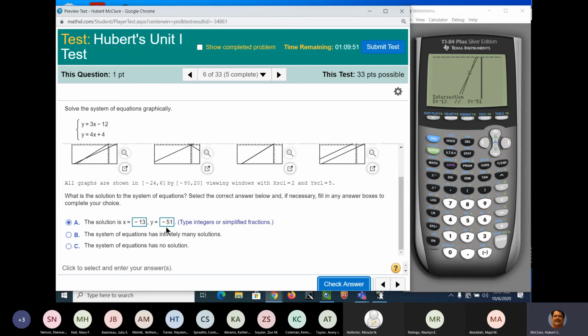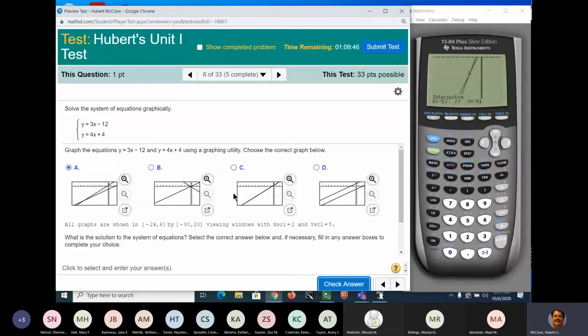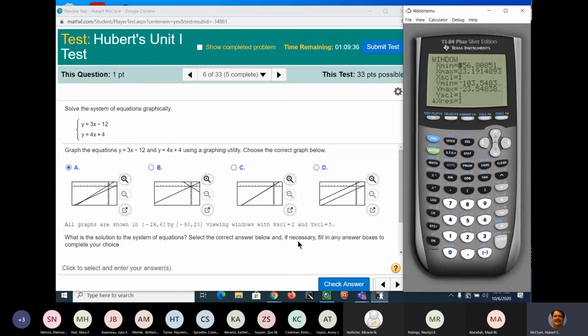Oh, they count each point, each one. Okay, well, let's set the window like they want to. -24 to 6. So that's going to be -24 to -80. Oh, I got to use my arrows with my mouse.